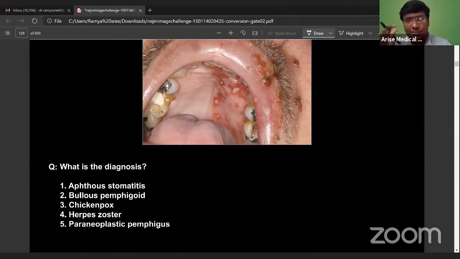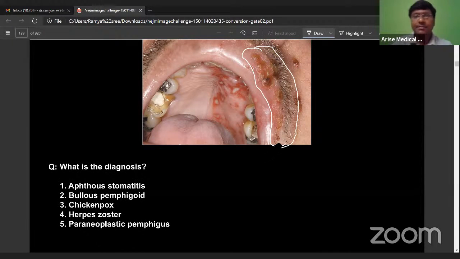You see the description of those lesions, right? They are vesicles and they are following a classical dermatomal distribution. You see this? This is your classical dermatomal distribution, right? In a specific dermatome, you have those vesicular lesions. So now tell me, what is the diagnosis?